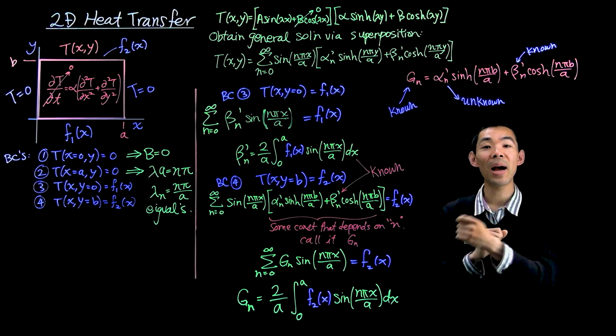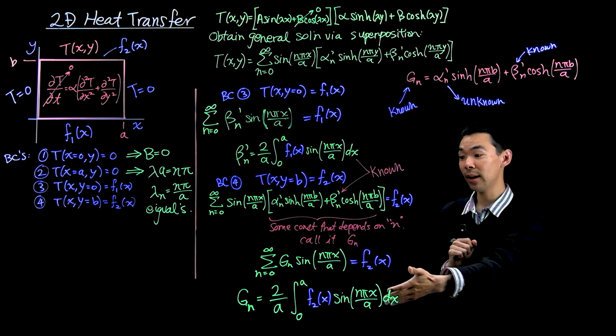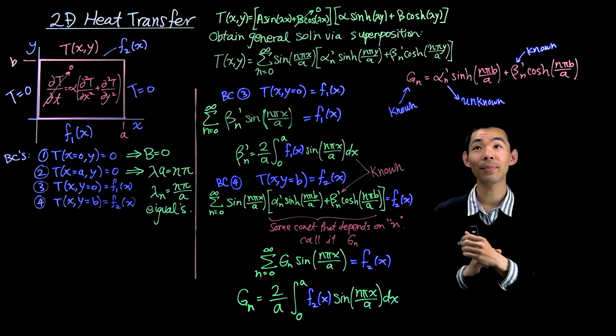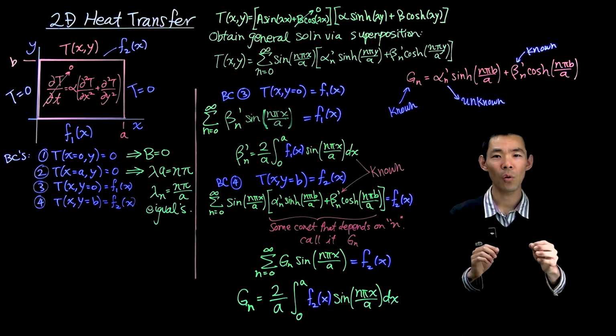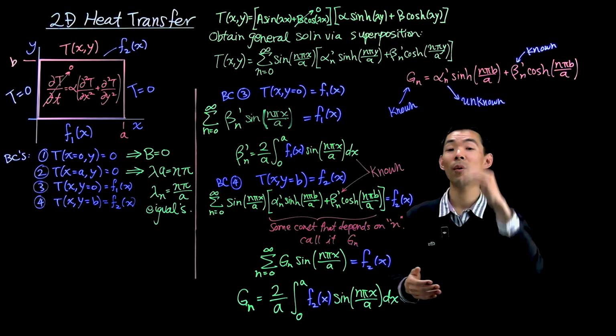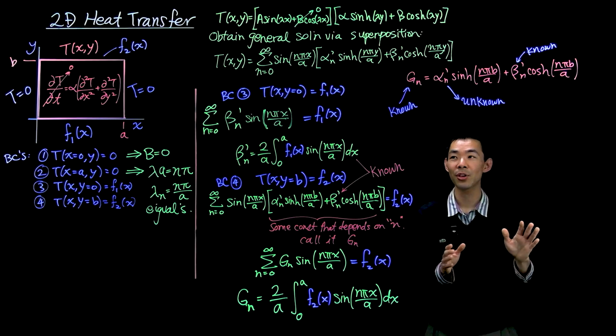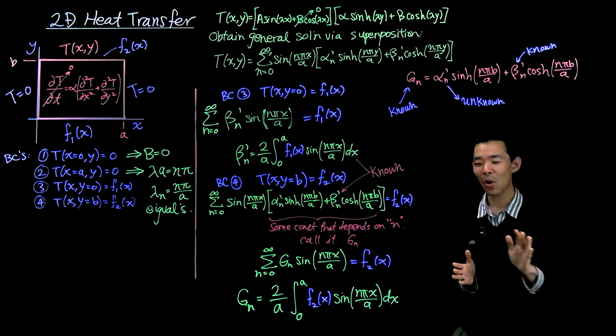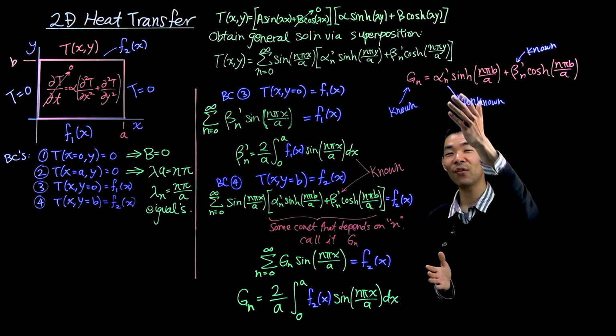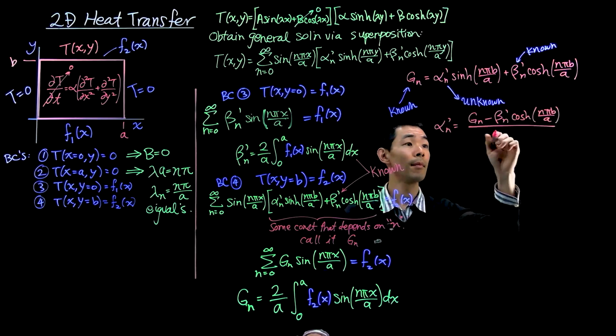Therefore, we can back calculate after we find g and beta what the alpha n primes are. So knowing g is equivalent to knowing what alpha is. So at this stage, we are actually done. We're completely done. So all we need to do is solve for alpha n prime, and we're all done.